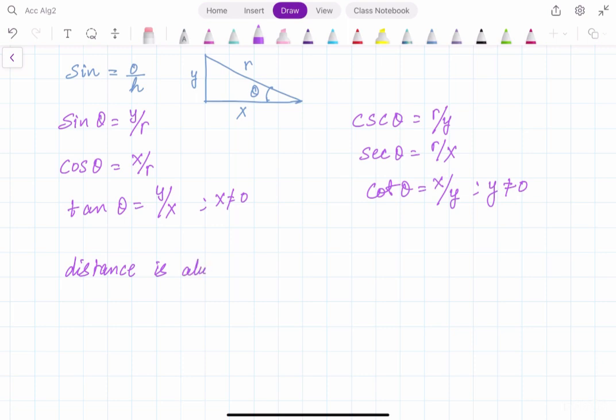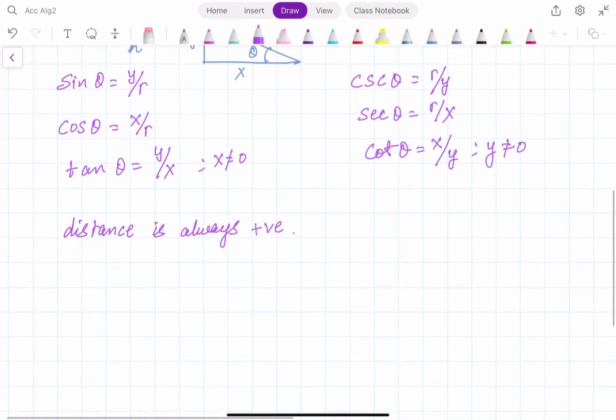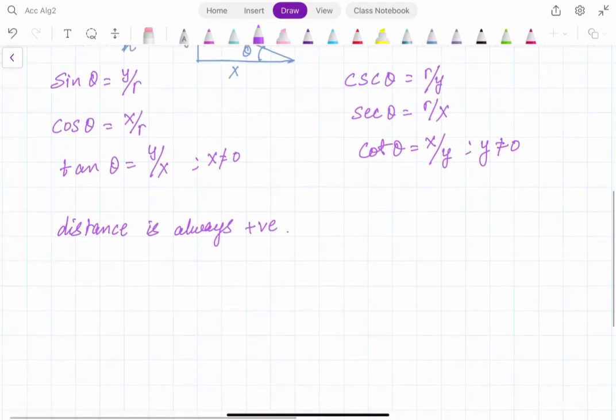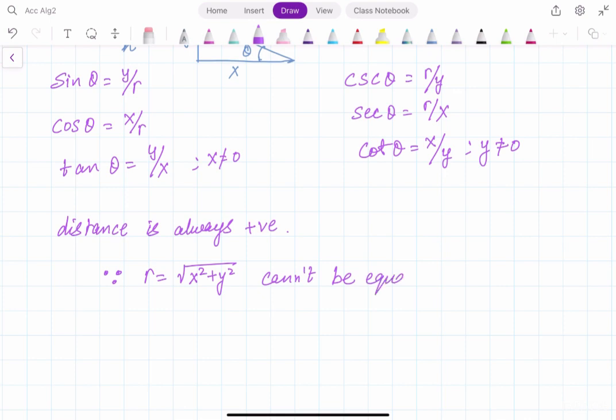Now, the distance is always positive, because r is nothing but the radical of x squared plus y squared, and it cannot be equal to 0.